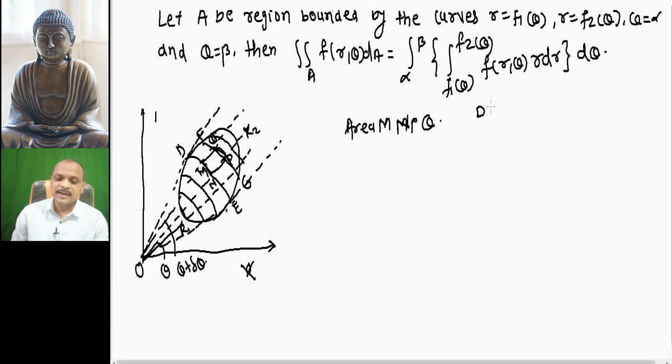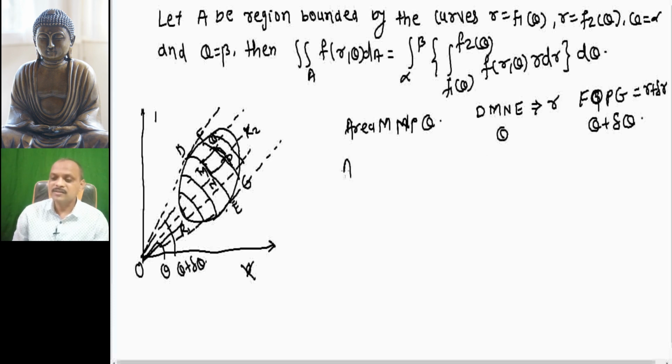Then the radius of D M N and E is of distance, suppose r, and the other one, F, Q, P and G, has radius r plus delta r, at angle theta and at angle theta plus delta theta.